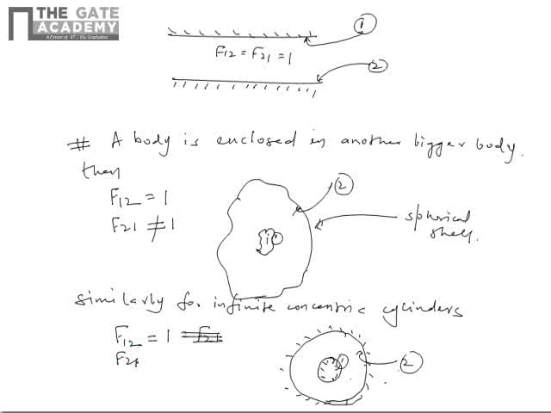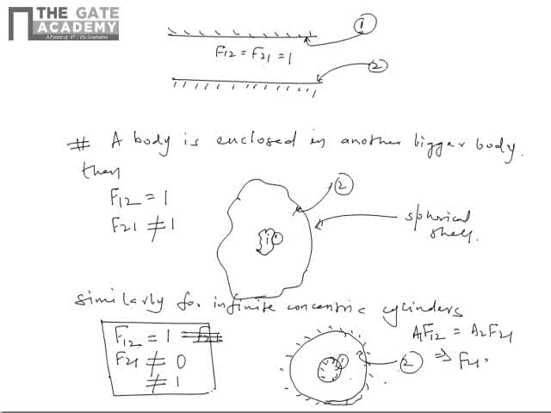So F21 is not equal to 0 and also not equal to 1. We can derive this: A1 F12 is A2 F21. This implies F21 is A1 upon A2.